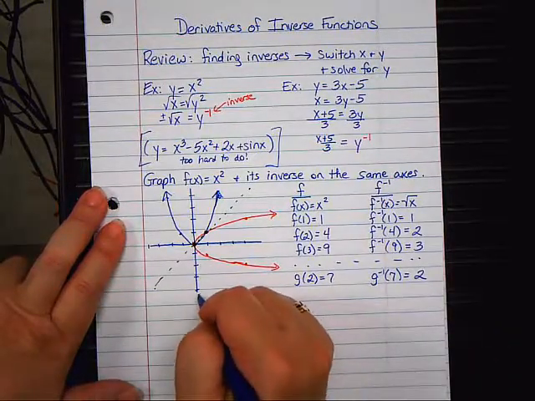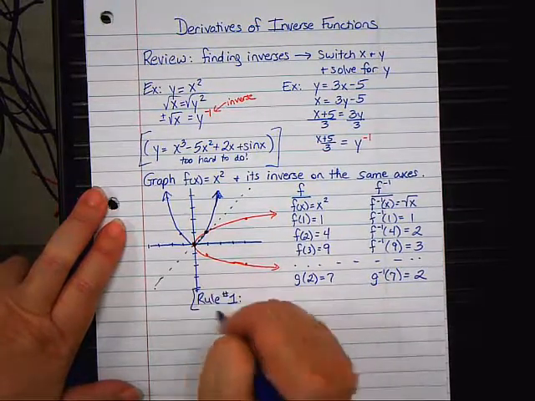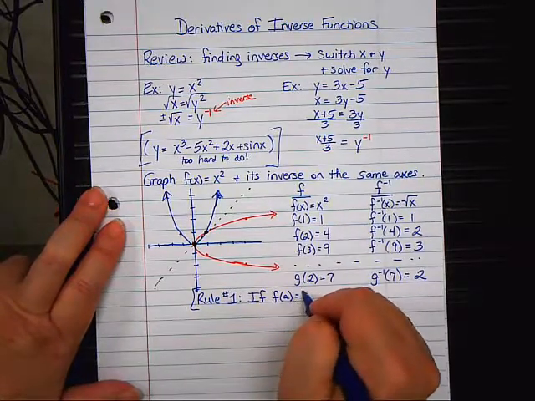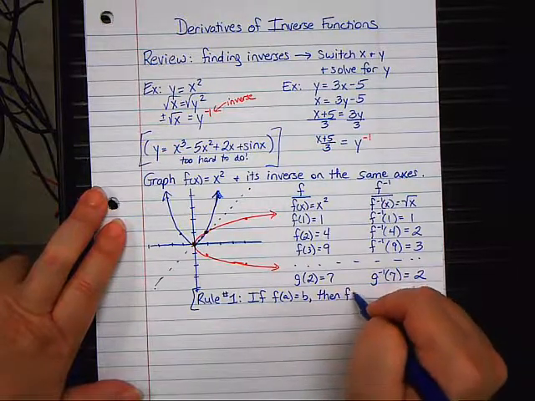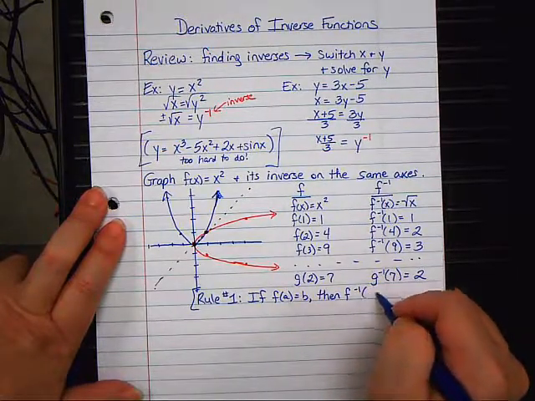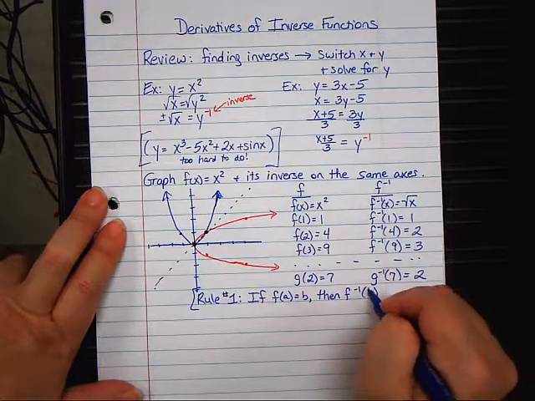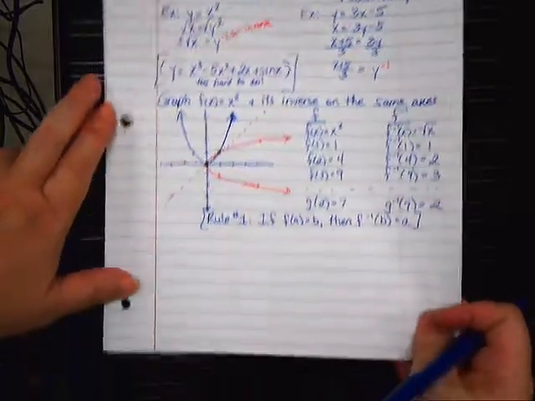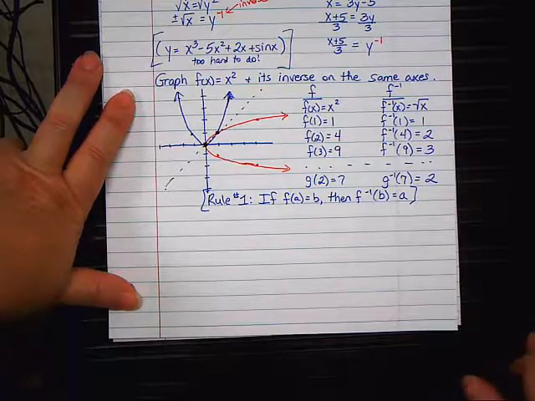So the first rule, rule number 1 for today that you need to know, is that if f of a equals b, then f inverse of b equals a. Does that make sense to you? They just switch the a and the b. Okay?